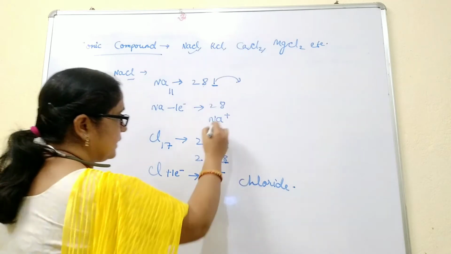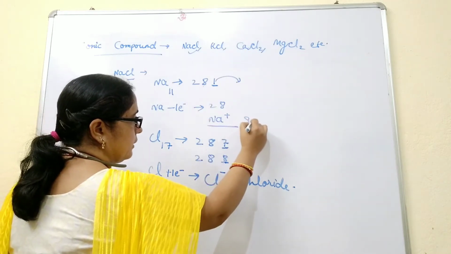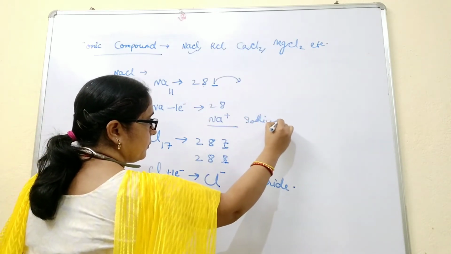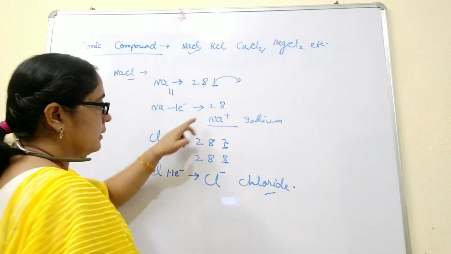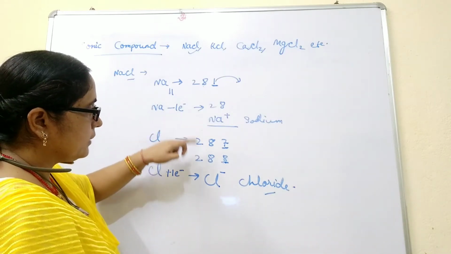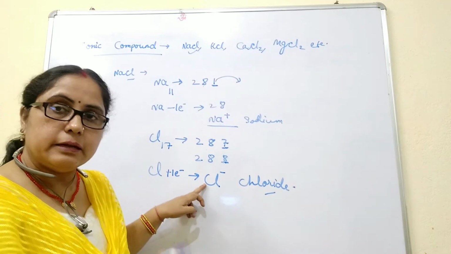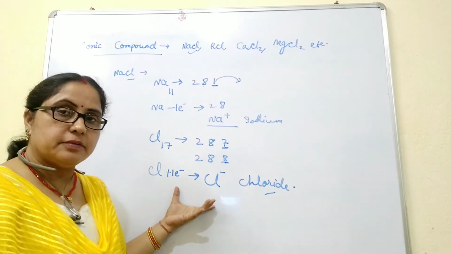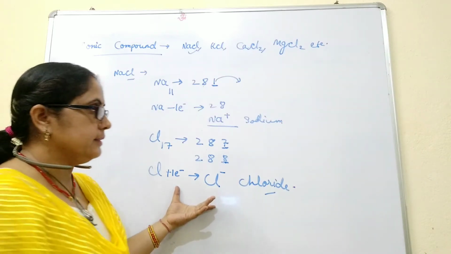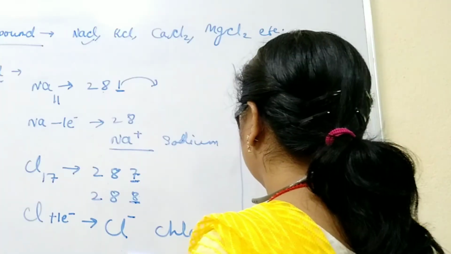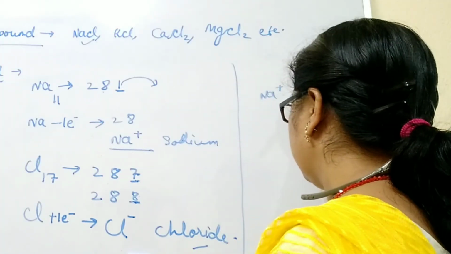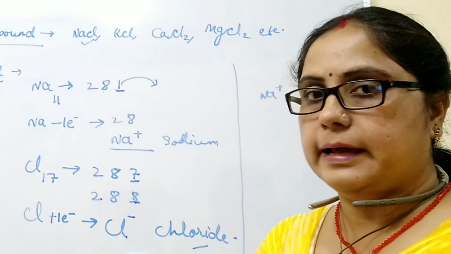Now these two change into a sodium ion and a chloride ion. Sodium loses one electron and chlorine gains one electron. In this way, when they change into ions, sodium changes into the sodium ion and chlorine changes into the chloride ion.